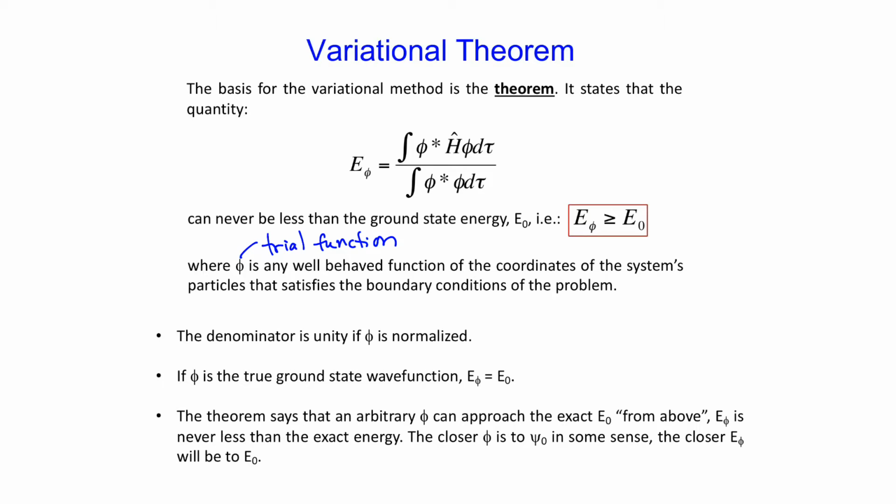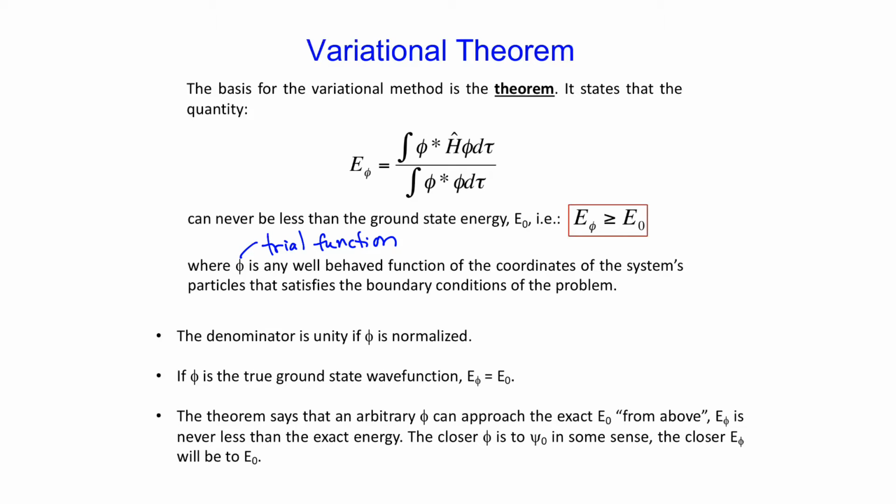So our theorem essentially takes your trial function and calculates the average energy, just like we would normally, except instead of your actual wave function for your system, you're putting in the trial function that you have devised. So you take that average value of your energy. Remember, H is the Hamiltonian, that's the operator for total energy.